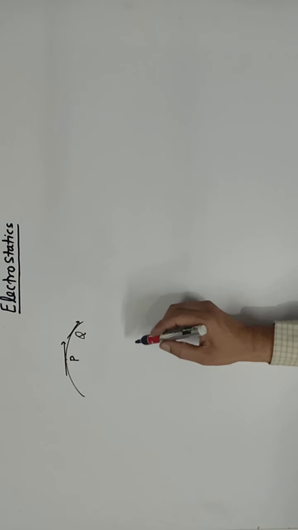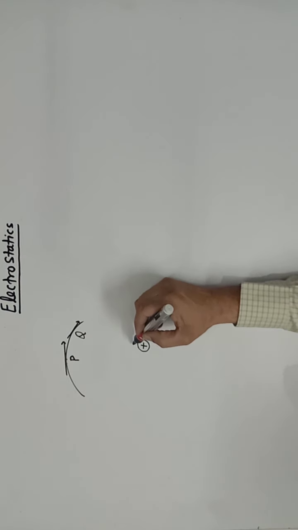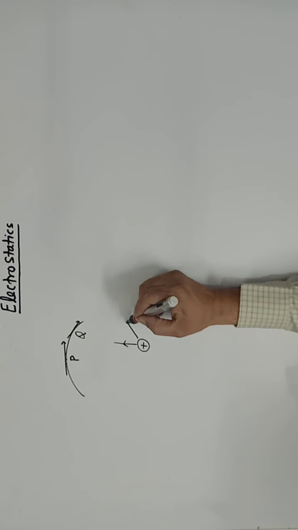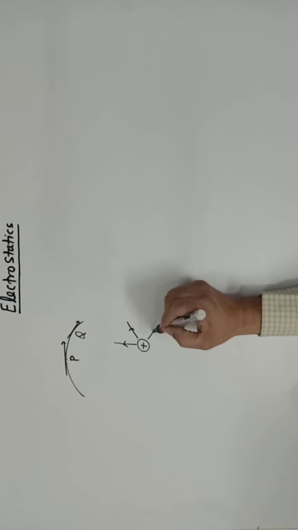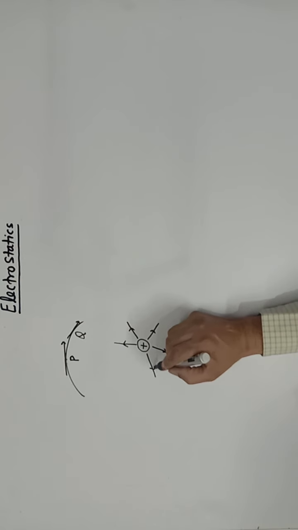The figure shows lines of force due to a single positive charge. This is the positive charge, and the field lines are like this, radially outwards due to the positive charge.